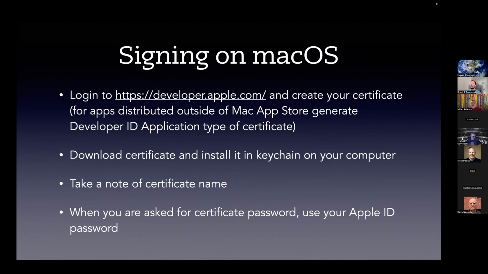You need to install it in your keychain, of course. That's where all the signing tools will pull it from. Of course, note the name, because in the process of signing, you will provide the name of the certificate.